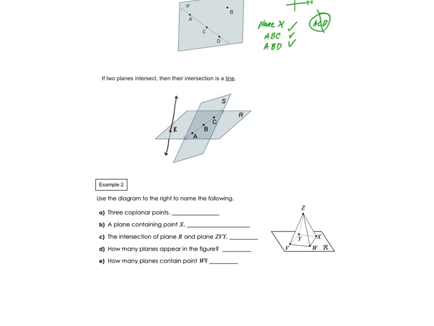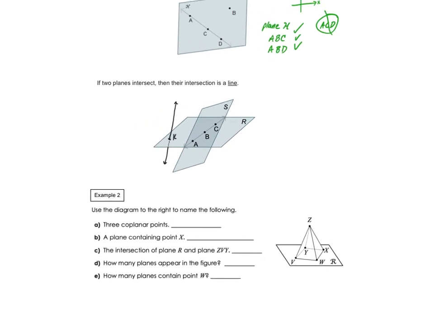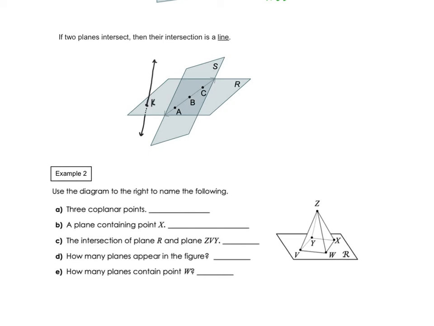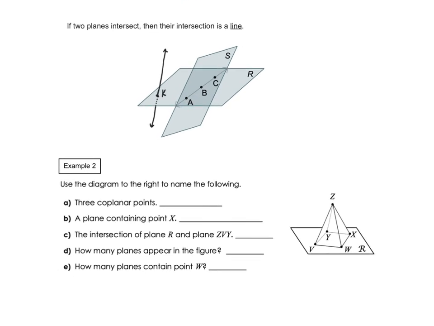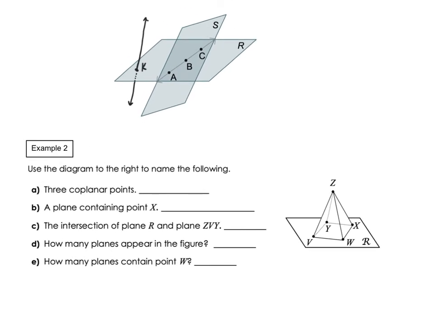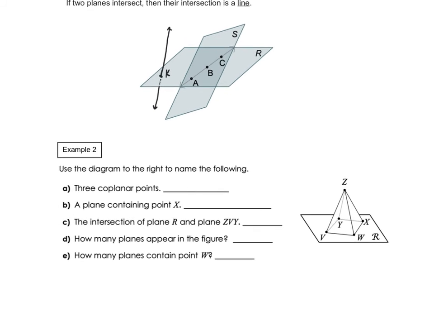And let's see here, looking at example number 2. Okay, so use the diagram to the right to name the following. How many planes appear on the figure? Technically, we're going to say that we have 4 planes on the figure.